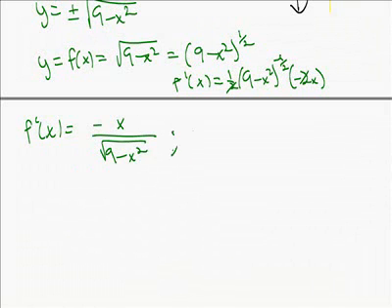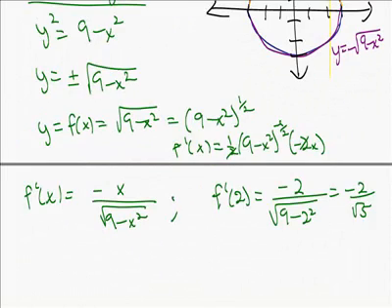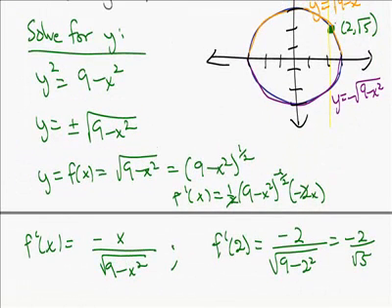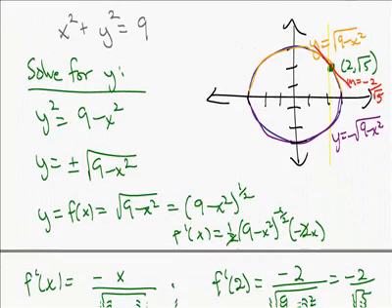So that means that f prime of 2, the slope of the line tangent at that point, is negative 2 divided by the square root of 9 minus 2 squared, which is negative 2 over the square root of 5. And so it looks like it makes sense. I mean, we have a negative slope here, negative 2 over the square root of 5. Now, the alternate way we can do this then is with what's called implicit differentiation.